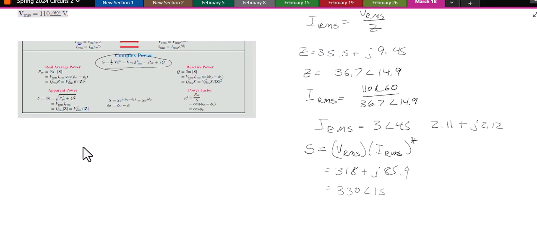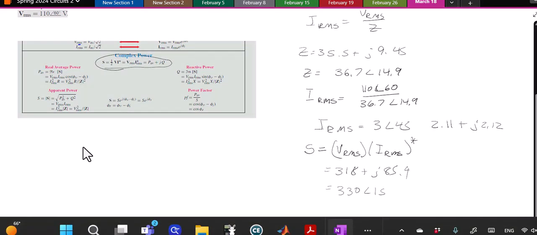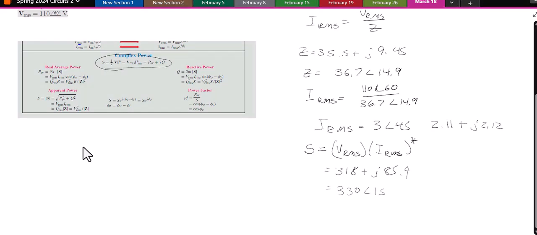Which is what I would have gotten by subtracting these angles. Although my number sure doesn't seem right, does it? Oh yeah, it does.